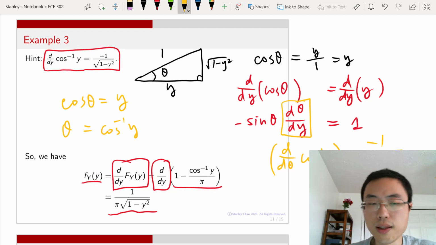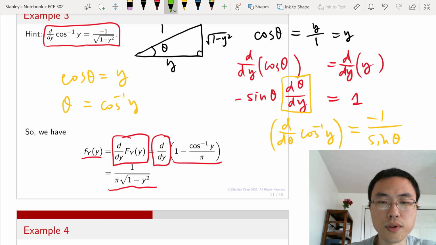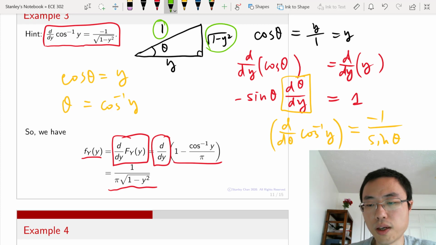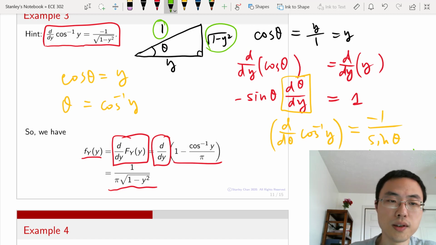By the way, what is sine theta? Sine theta is actually quite easy from the diagram. Sine theta would be this divided by that. So that would be minus 1 over the square root of 1 minus y squared, divided by 1. If you do the calculation, then you have minus 1 over the square root of 1 minus y squared.